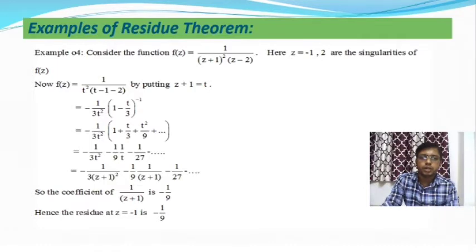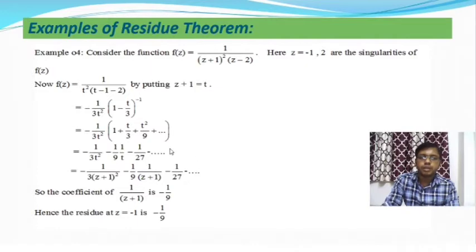So now we multiply by 1 by t square on this series, and from this we'll obtain minus 1 by t to the power 2, then the second term will be 1 by 9 into 1 by t. So the third term, okay, will be 1 by 27 and so on.